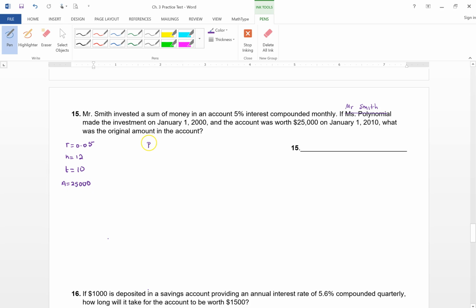So what I need to find is P. So 25,000 is P times 1 plus 0.05 over 12 to the power of 12 times 10. P times all of this will become 1.647.